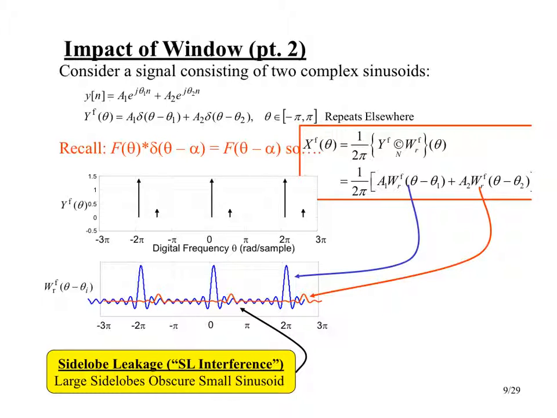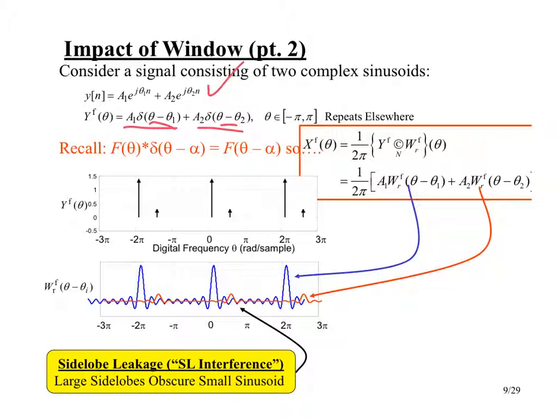So this is our time domain signal here, and here is the DTFT of the infinite duration signal. So we see we get a delta at theta 1 and a delta at theta 2.